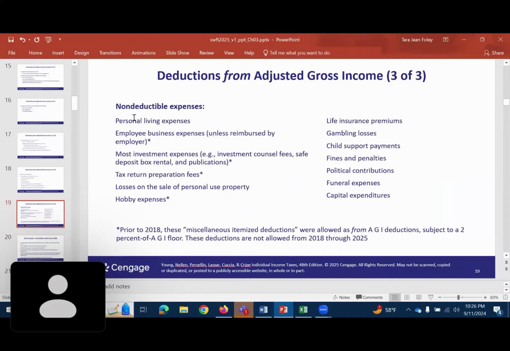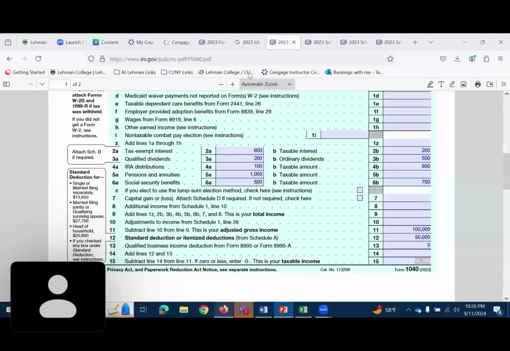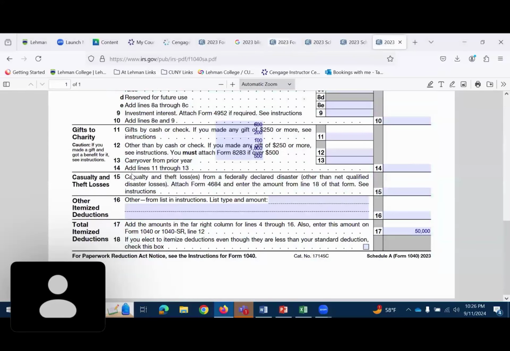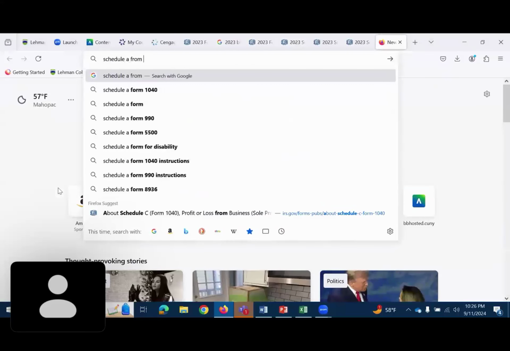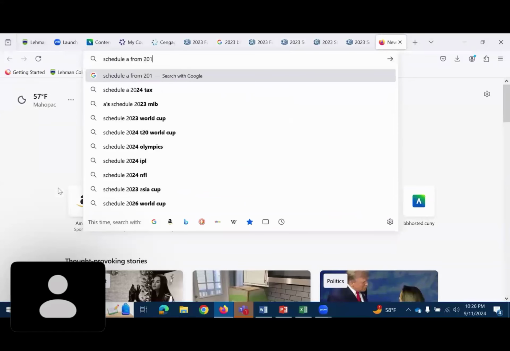Deductions from AGI. These are employee business expenses. These used to be on this line here, other itemized deductions. So I'm going to pull up Schedule A from 2013.